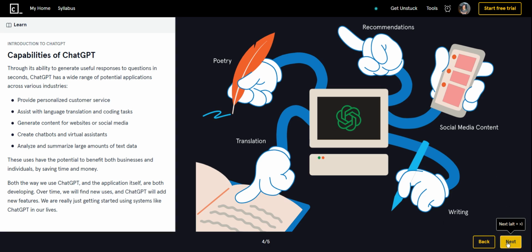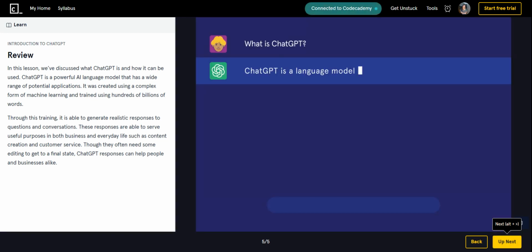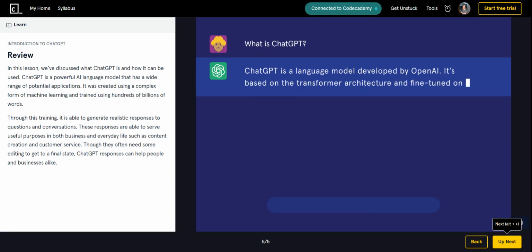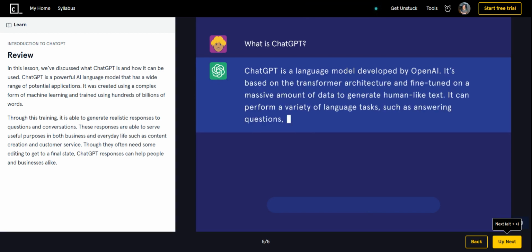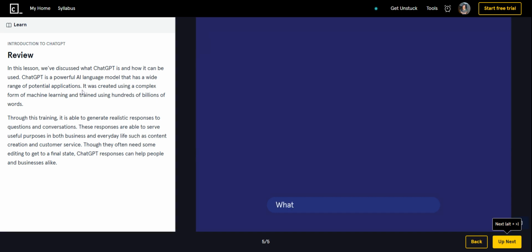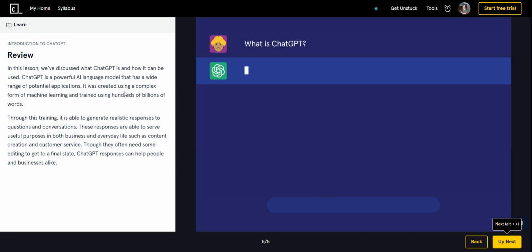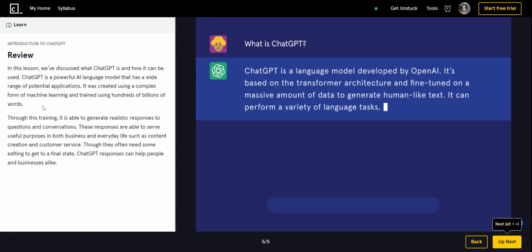So, next, review. In this lesson, we've discussed what GPT is and how it can be used. ChatGPT is a powerful AI language model that has a wide range of potential applications. It was created using a complex form of machine learning and trained using hundreds of billions of words.